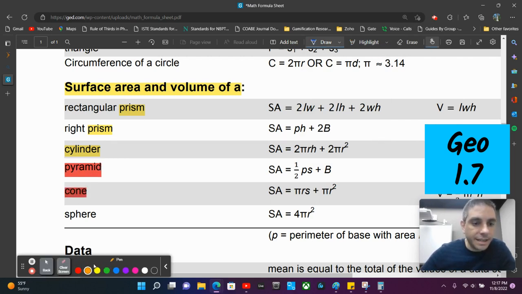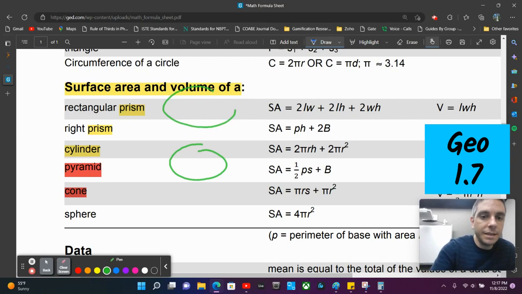A prism is a type of three-dimensional object where you have the same shape on the bottom and the top connected by lines. A cylinder is just a prism that has a circular base, whereas a rectangle prism is a prism that has a rectangle base, like a cardboard box.